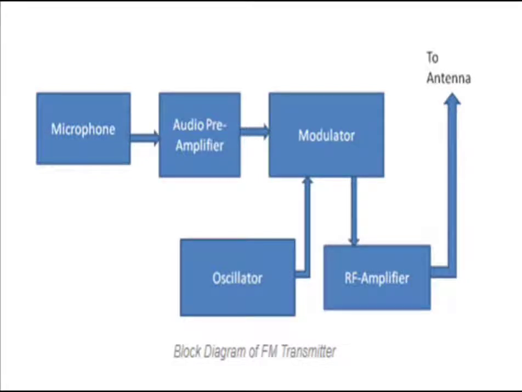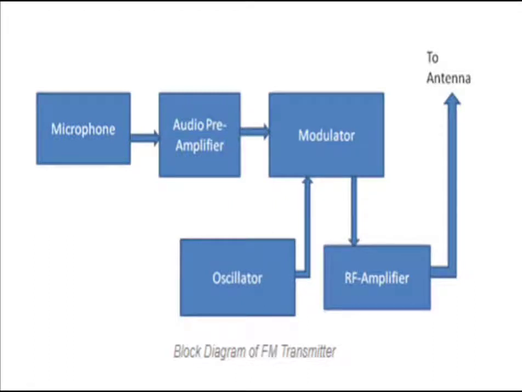From the modulator the output is given to the radio frequency amplifier, which is then transmitted to the receiver section via the antenna. Okay, this is a very simple transmitter block diagram, and this is the FM transmitter block diagram.